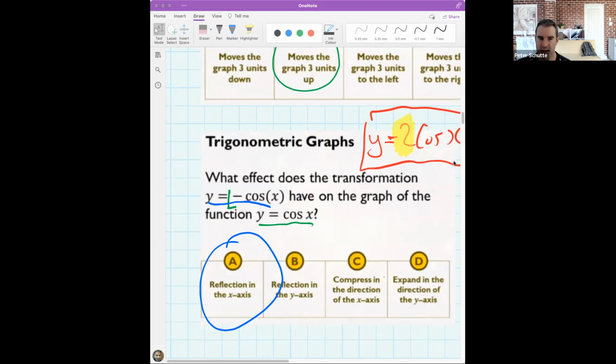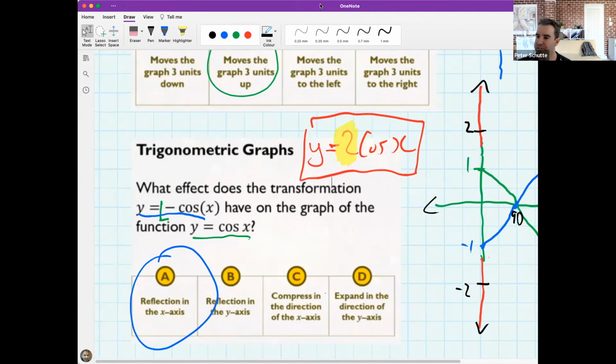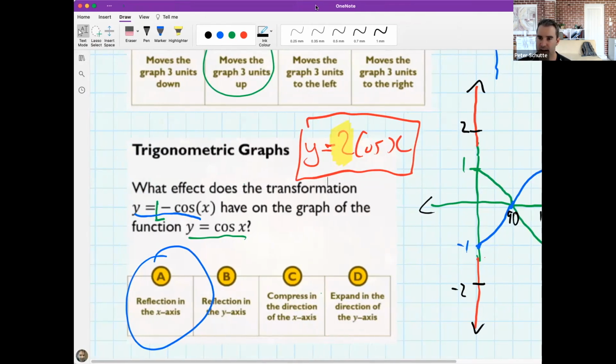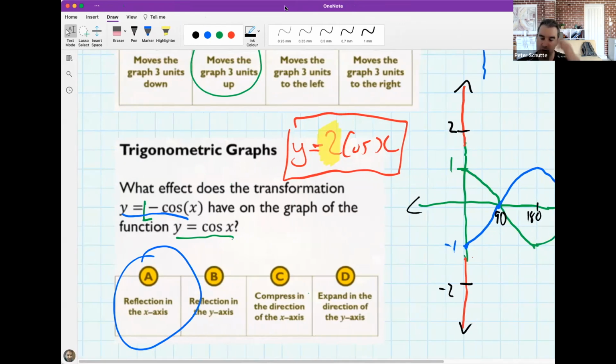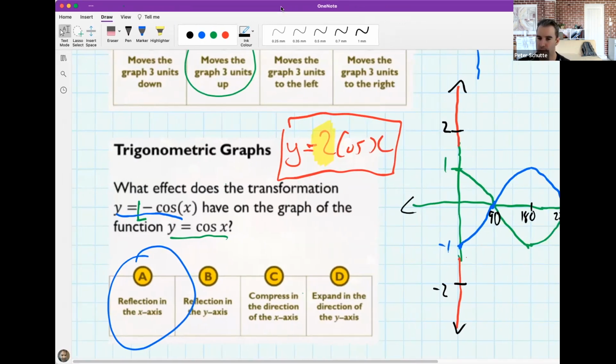Teddy, I like what you're saying. Teddy's saying start at 2. Now, the fancy word for what is happening is called an amplitude change. And you're quite right. You start at 2, but it's almost like the graph is being stretched upwards.